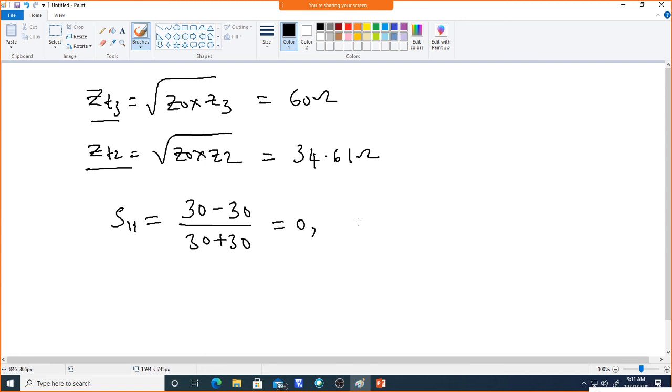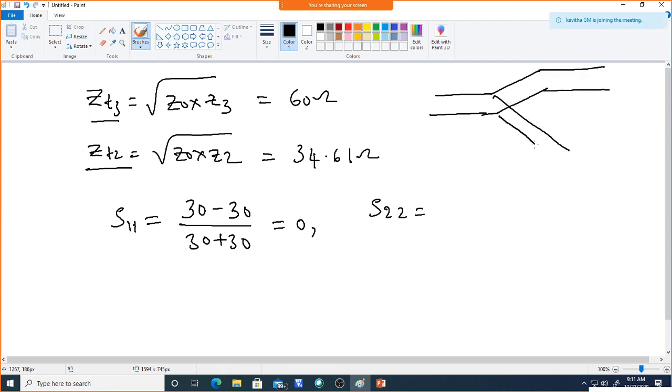Similarly S22 at port 2, so if you write the junction values, now we are looking, this is Z2 and this is Z3. So the characteristic impedance is 30 ohm.